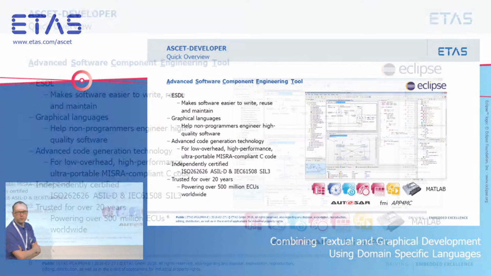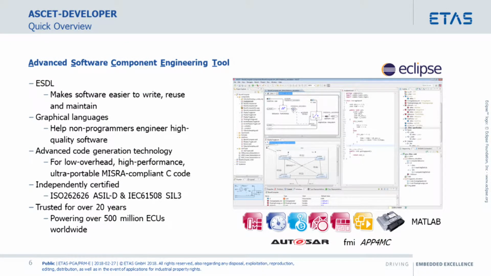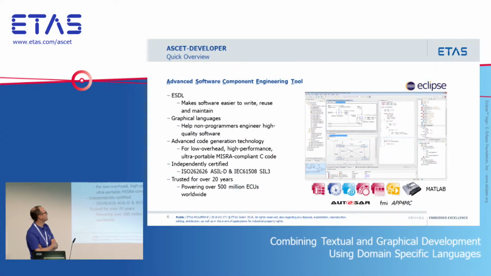So like a lot of modern ETAS tools, it sits in Eclipse. It allows us to basically build software in a variety of notations. The first notation and the technology that underpins all of ASCII is a thing called ESDL, so Embedded Software Description Language. And that's sort of the child of Pascal and C with a bit of classes thrown in, so a bit of C++ classing thrown in.